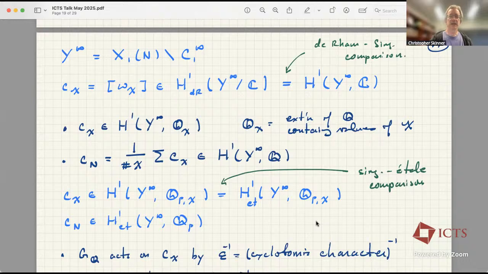And then I can look at the class in de Rham cohomology defined by my holomorphic differential, call that C of chi.